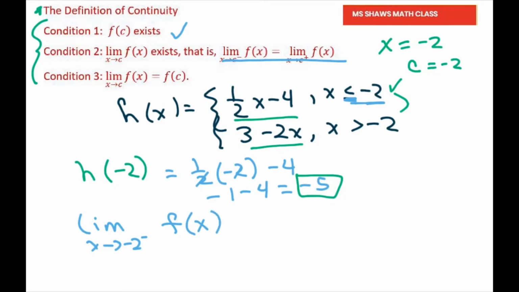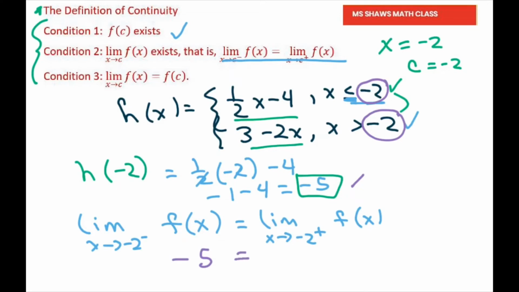That limit has to match the limit as x approaches -2 from the right, all the numbers bigger than -2, like -1, 0, and so forth. You plug these two values into your function. If you plug -2 into the upper portion, we already did that, and that equals -5. This has to match the other side.